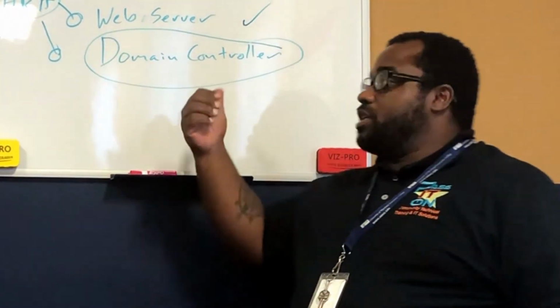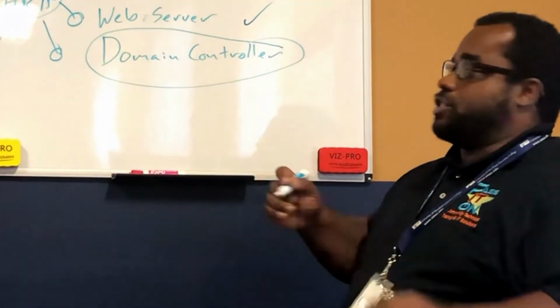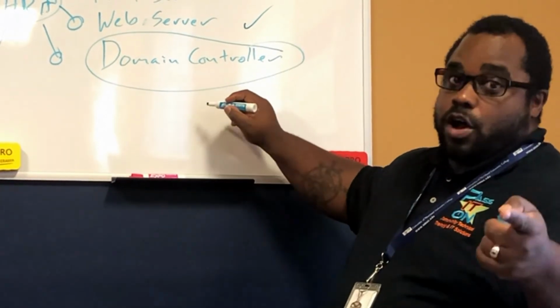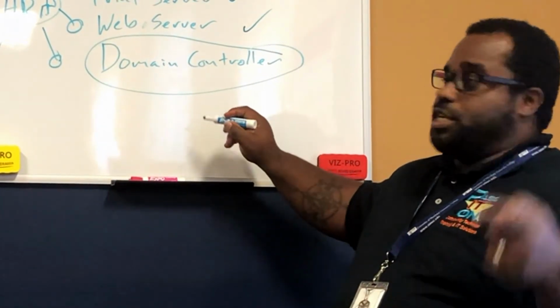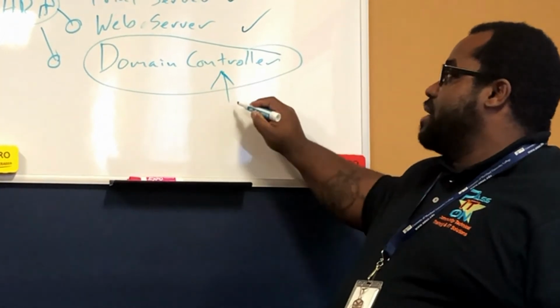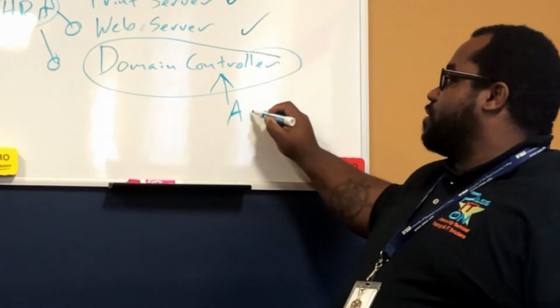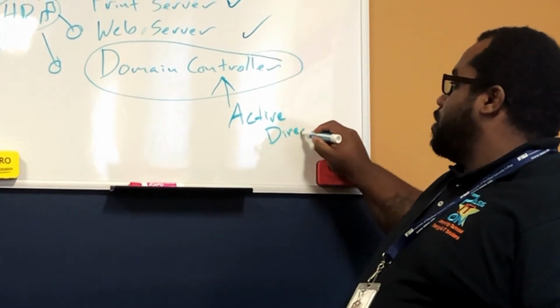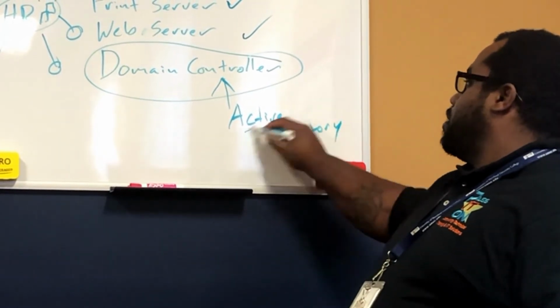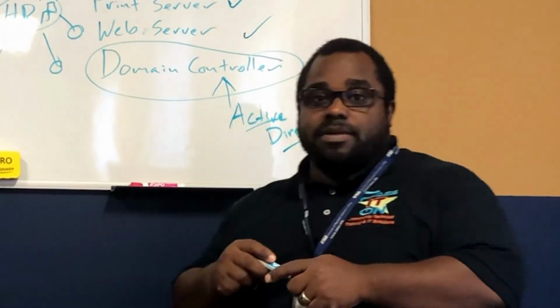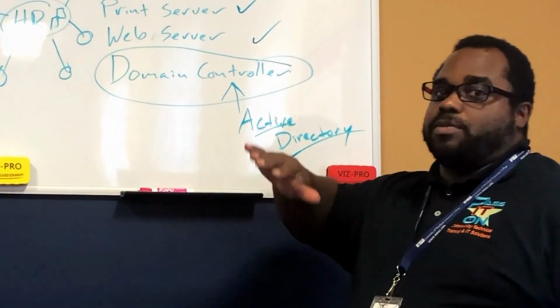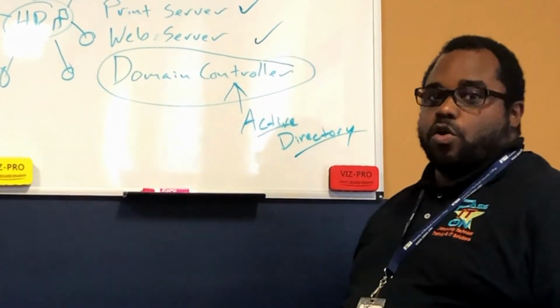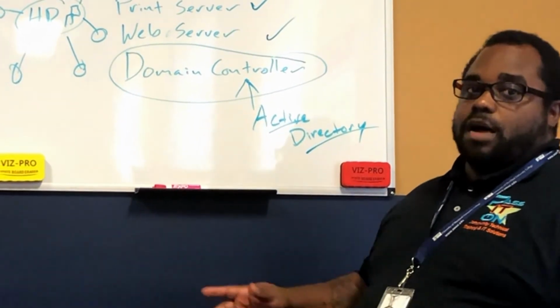And on this domain controller, we have a special database that gets stored that's going to hold all the information about the objects that get created in my domain, and it's called Active Directory. So Active Directory is a database, again, that stores information about everything that's in your domain. All objects.